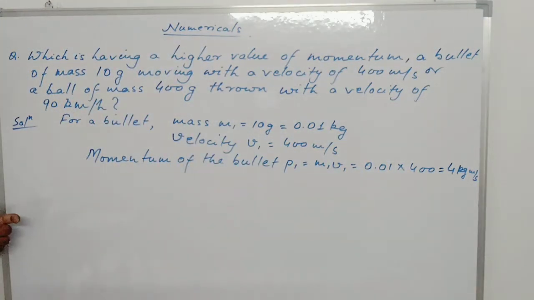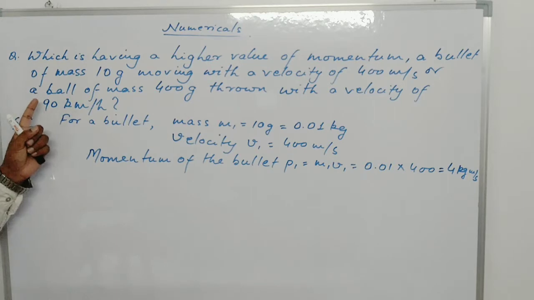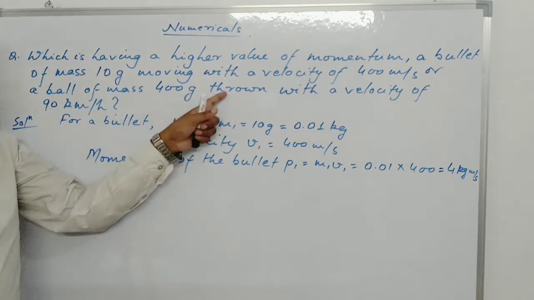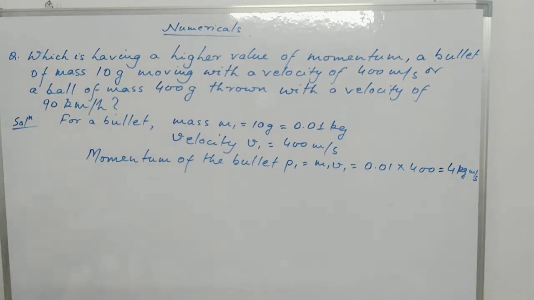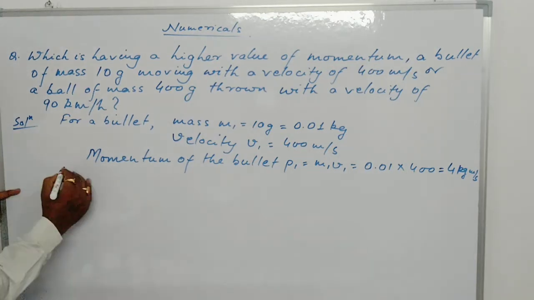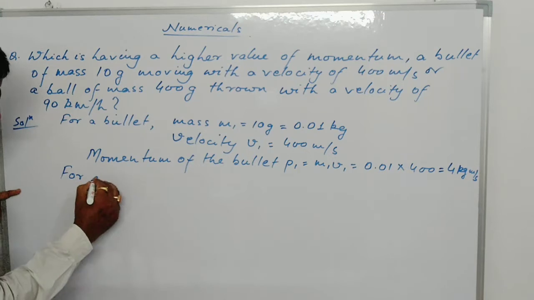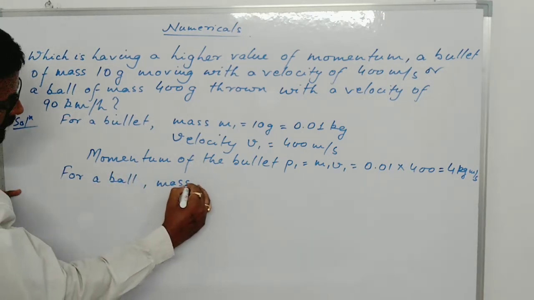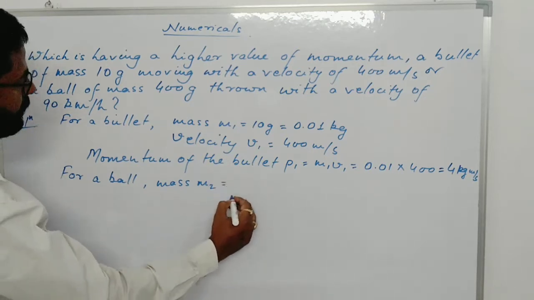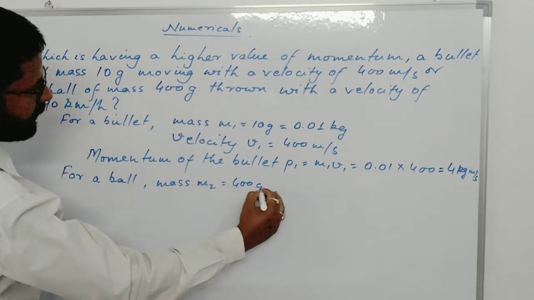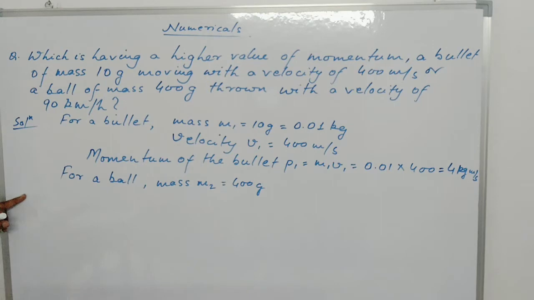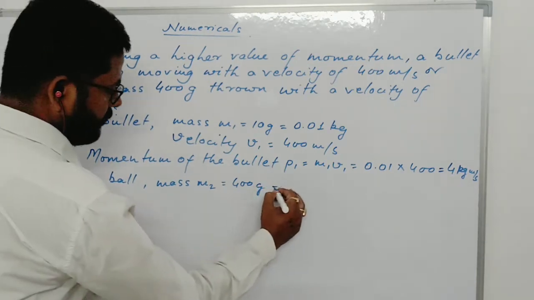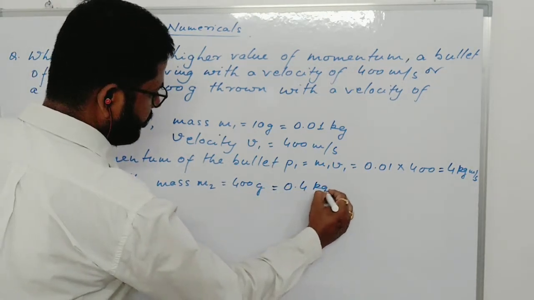Now the second part of this question is a ball of mass 400 gram. For the ball, the mass, suppose m2, is given as 400 gram, which is equal to 0.4 kg.